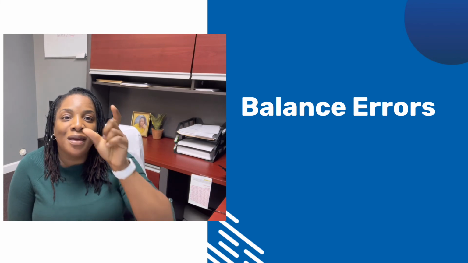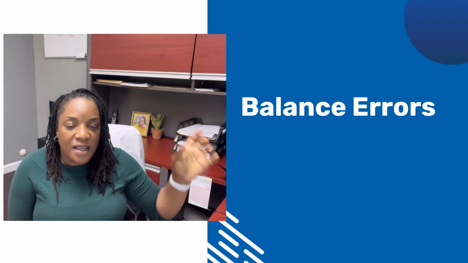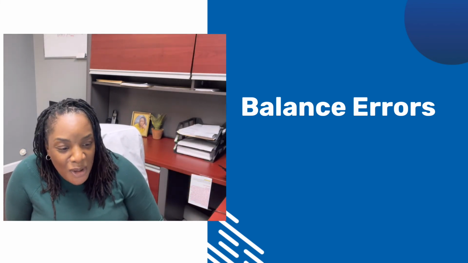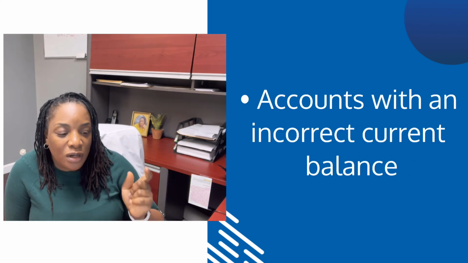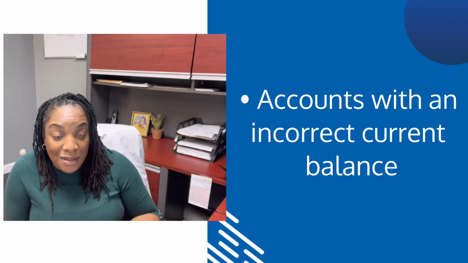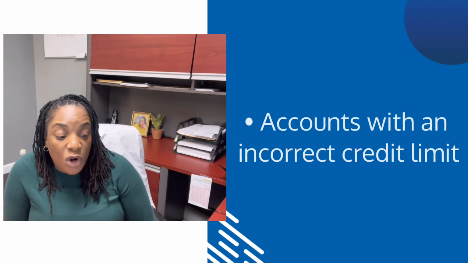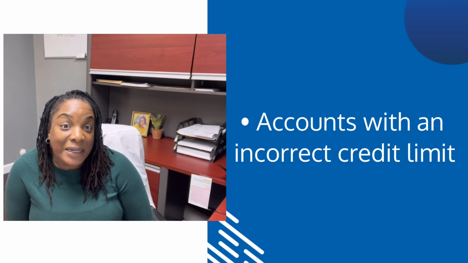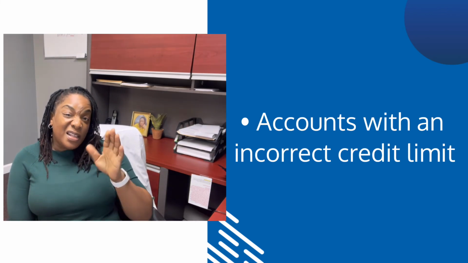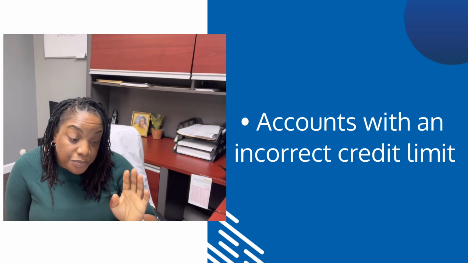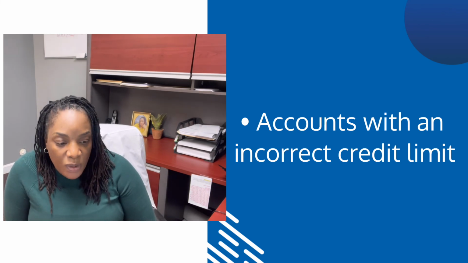You know why? Because it's a closed charge off. That's inaccurate reporting. So the first thing that we look for is accounts with incorrect current balance. Speaks for itself. And the second thing are accounts with an incorrect credit limit. They do that sometimes. That's kind of rare, but that does happen as well.